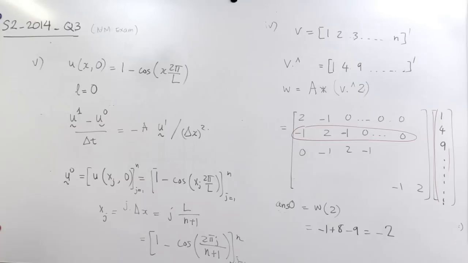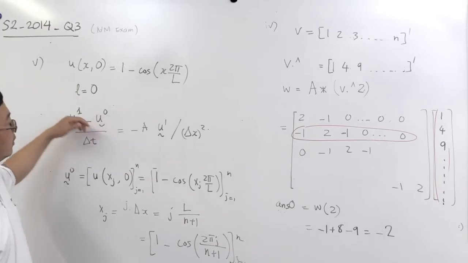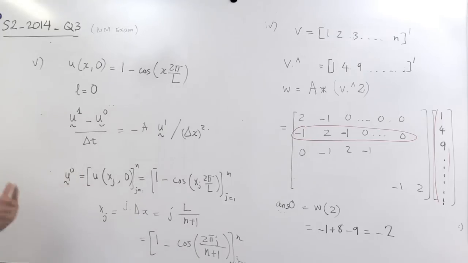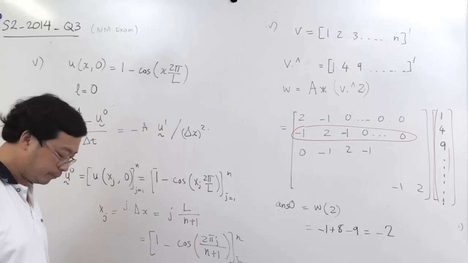So when you know the initial condition, you know the vector u0, and from this equation you can get u1, the vector at time t1, and then you can use this equation again and again to get u2, u3, until the end. That is the idea of the method.